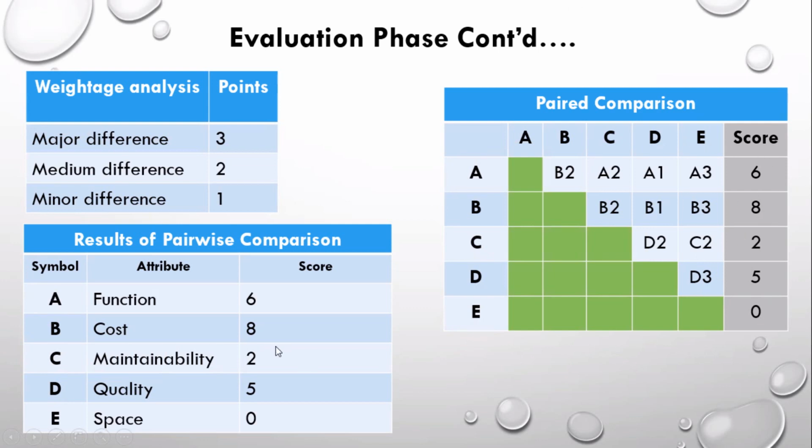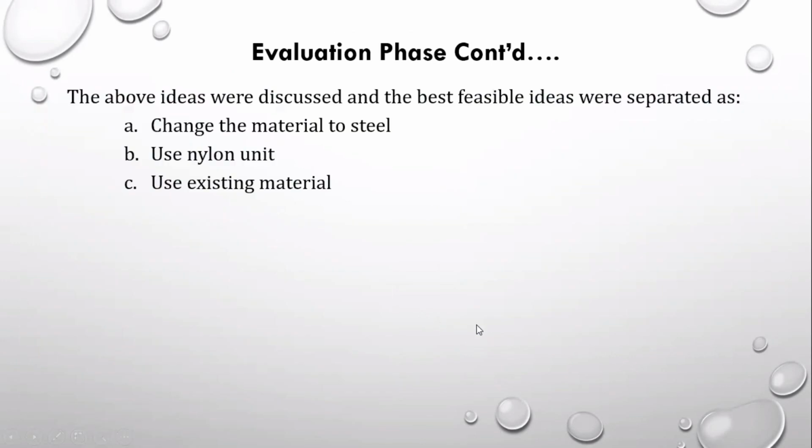Then you can see the score for each of these. Cost has received the highest score, then function, quality, maintainability. Space, of course, is not preferred. And with this score, we go for alternatives.